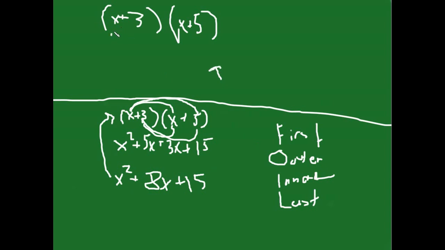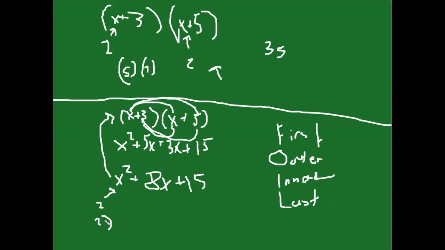So we plug in 2 for x in the original. 2 plus 3 is 5, and then 2 plus 5 is 7. So if we plug in 2, our output is 35.